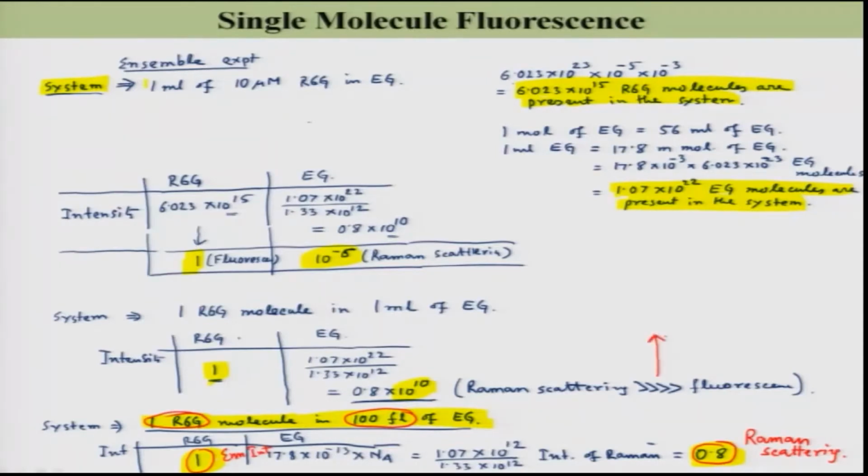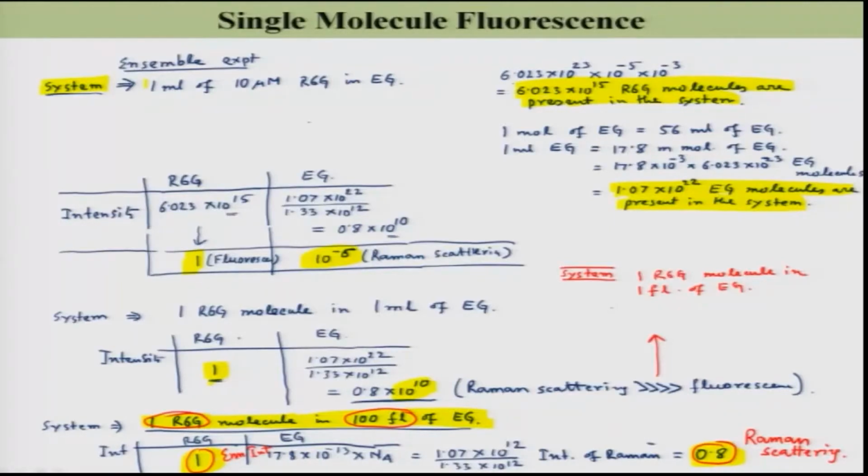So if you further decrease the volume of the sample, that means my next system, which is my system for future studies, is 1 R6G molecule in 1 femtoliter of ethylene glycol.